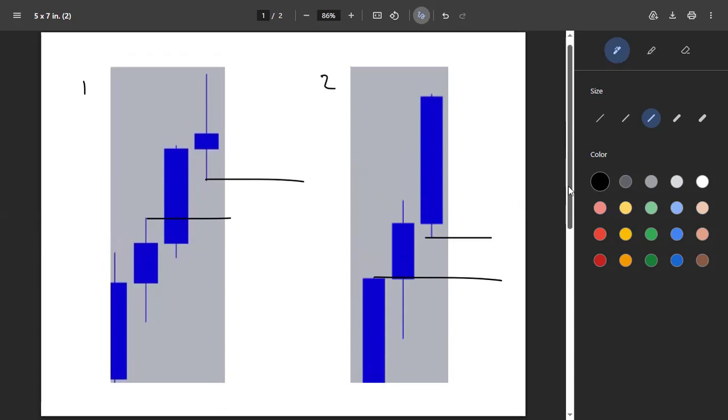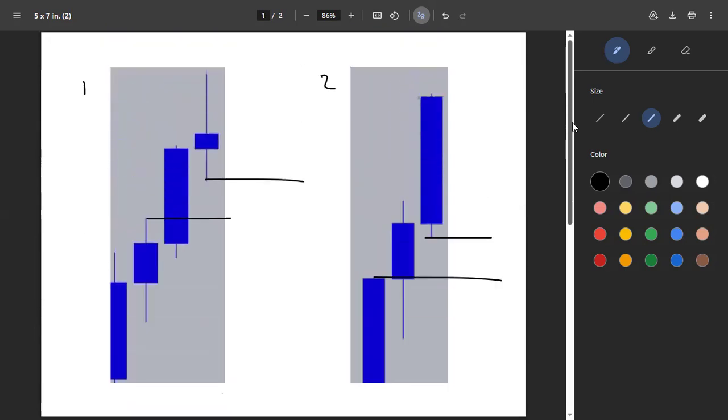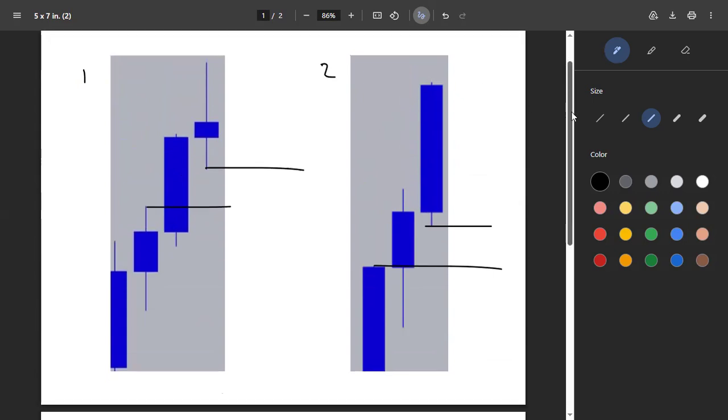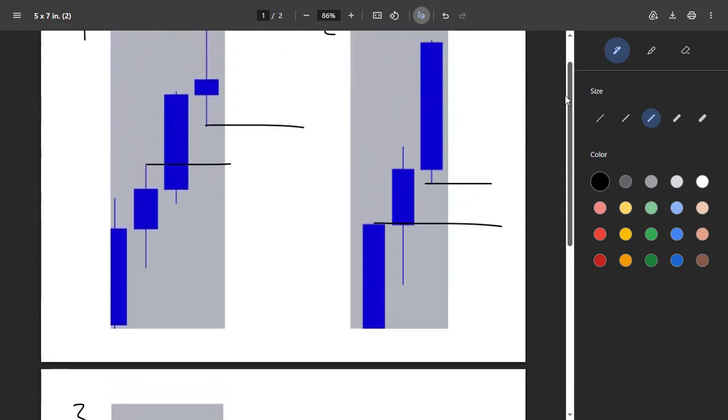Three candle pattern, leaving a gap between the first candle and the third candle. Now, these three patterns are traded differently. That's why I said not all fair value gaps can be used. These three fair value gaps are traded differently, and I'm going to show you how.